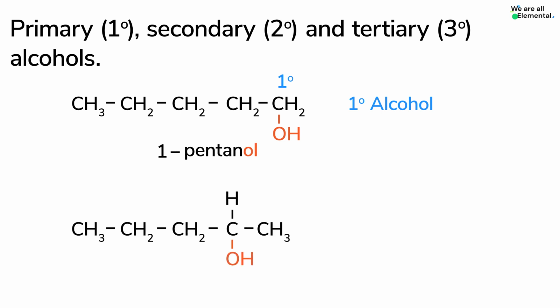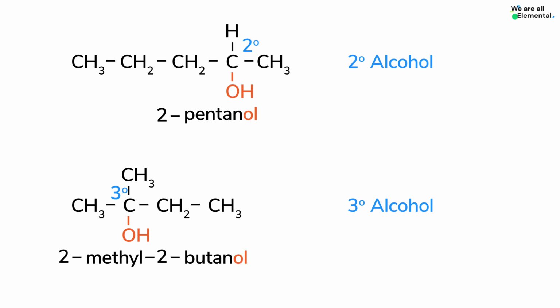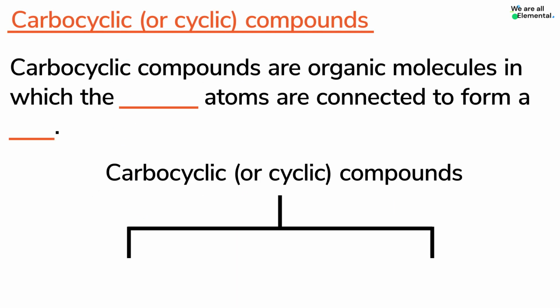In this example, the OH group is on a secondary carbon, so it is a secondary alcohol. And the name is 2-pentanol. And in this example, the alcohol group is on a tertiary carbon, and therefore it's a tertiary alcohol, and the name is 2-methyl-2-butanol.